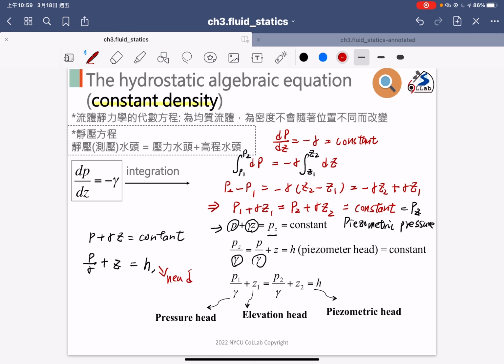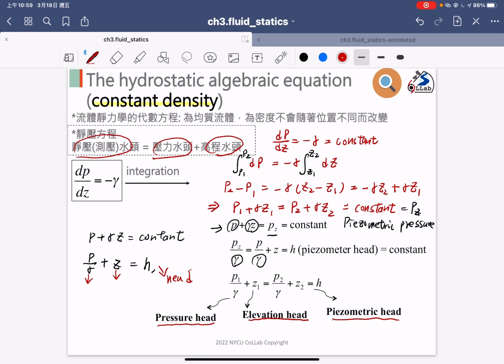The Z here is the elevation head, P divided by gamma is the pressure head, and the right-hand side H is the piezometric head. In Chinese, we say 压力水头, 高层水头, and the right-hand side H is the 侧压水头.